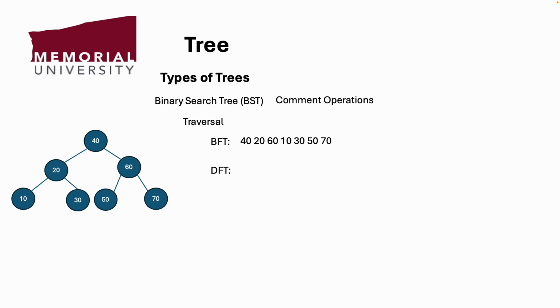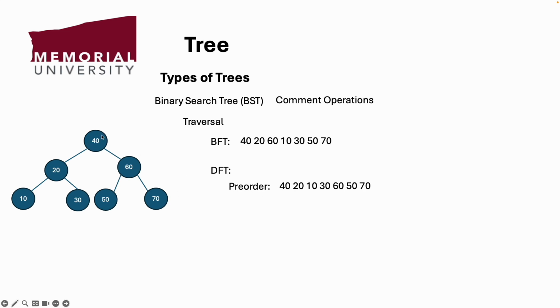Okay, let's look at the depth first traversal. We have discussed the pre-order, post-order, and in-order for the binary tree. We have three types of traversal. For the pre-order traversal for the binary search tree, what do we have here? For pre-order, we go to the parent and then their children, from left to right and up and down.